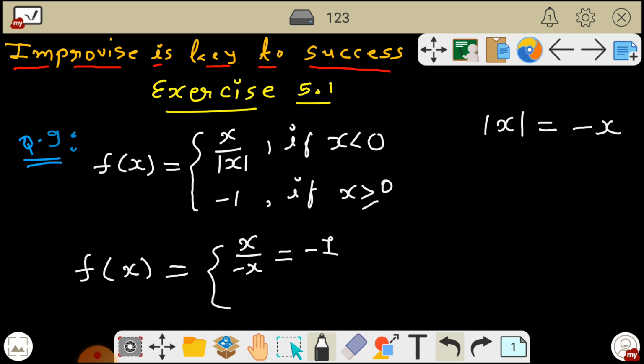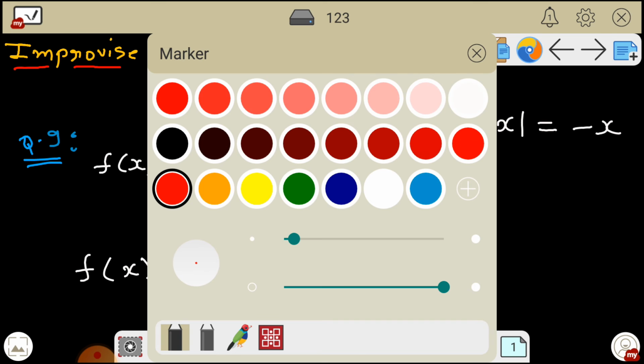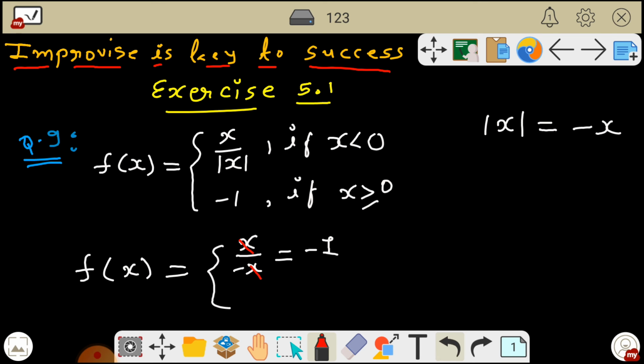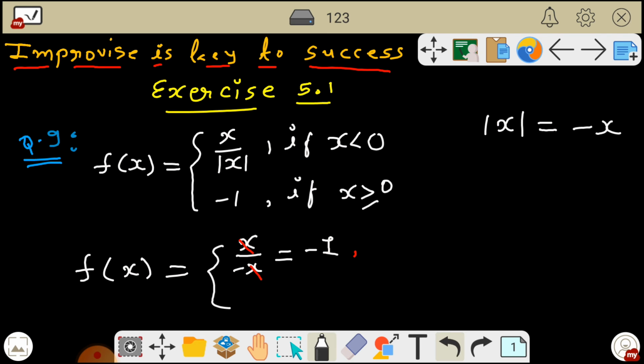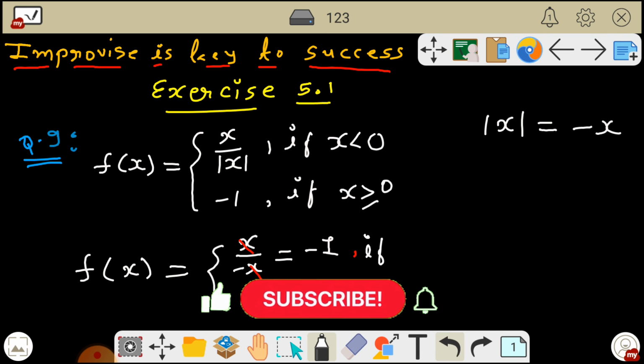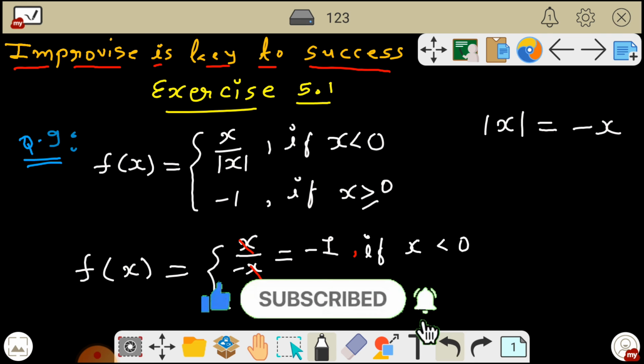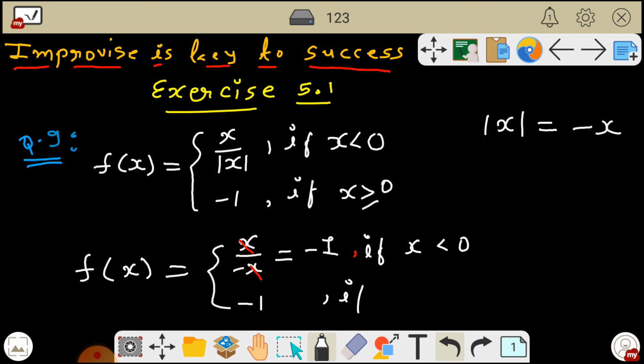This x and this x could be cancelled. So 1 upon minus 1 is minus 1, if x is less than 0, and minus 1 if x is greater than or equal to 0.